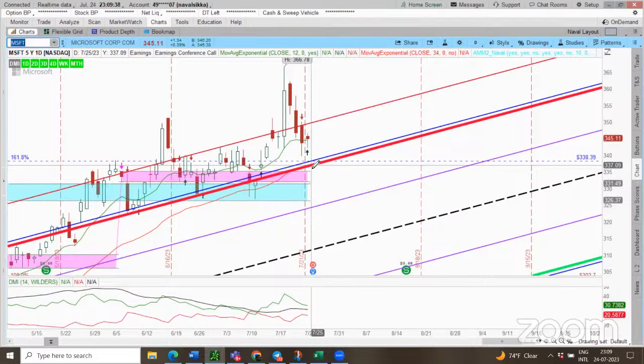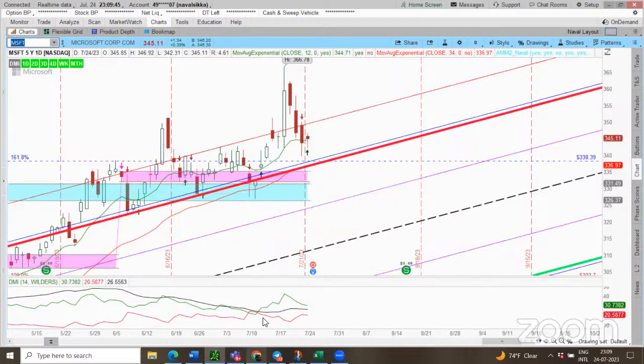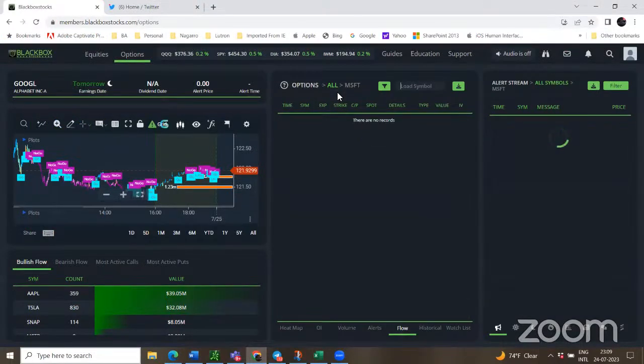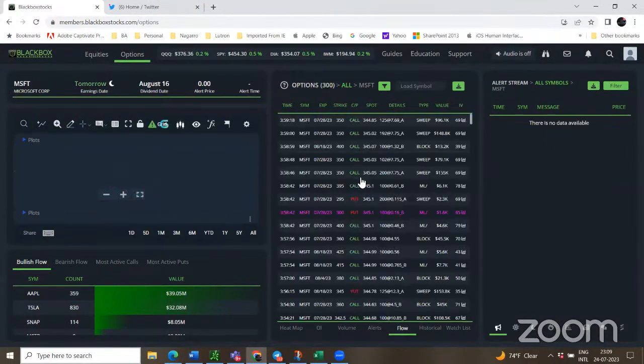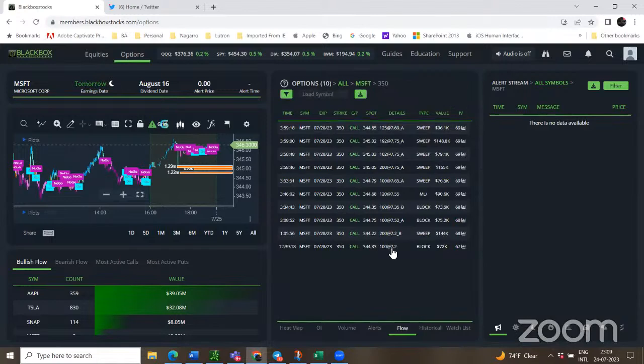I don't know. So I'm not going to play Microsoft for the earnings, but let's look at the flow from Microsoft. They have 350 calls, 7,777 throughout the day.